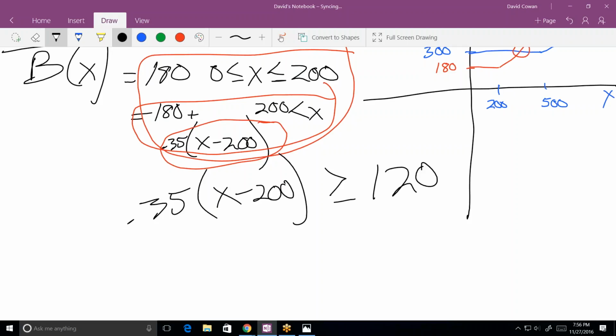You see that? In other words, I've already done the first step of the algebra here. 180 plus that has to be greater than or equal to 300. Subtract 180 from both sides, and I get greater than or equal to 120.